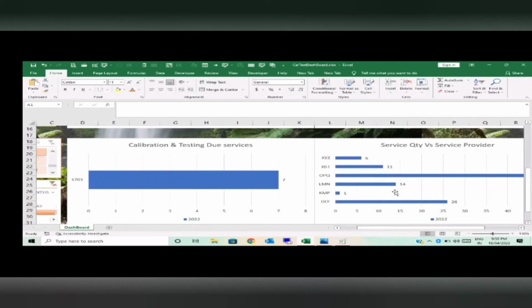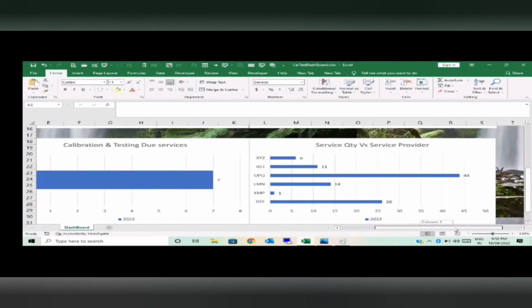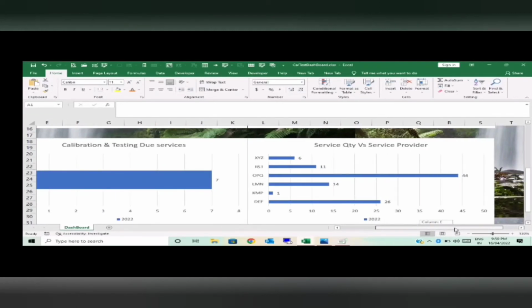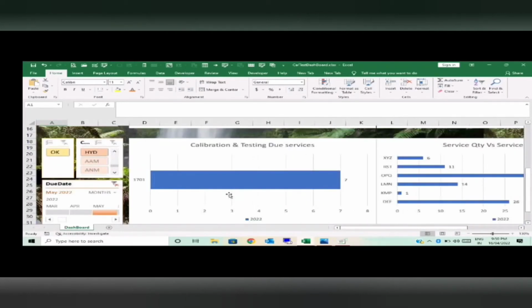You can even track the service provider, which service provider is giving me how many services. So I can project, if this one is not coming, what area will get affected, then this is the due service.